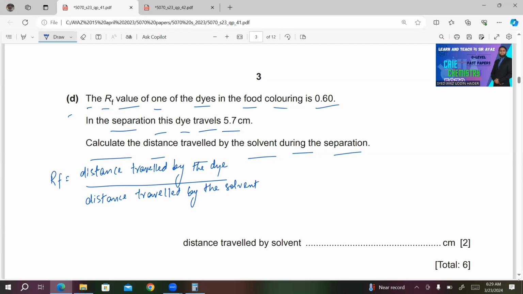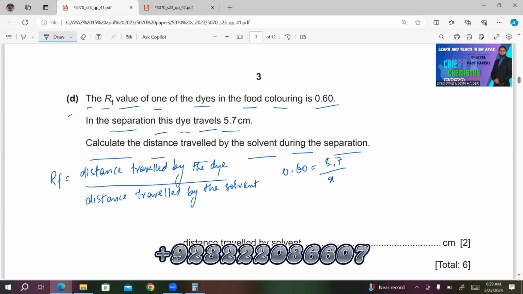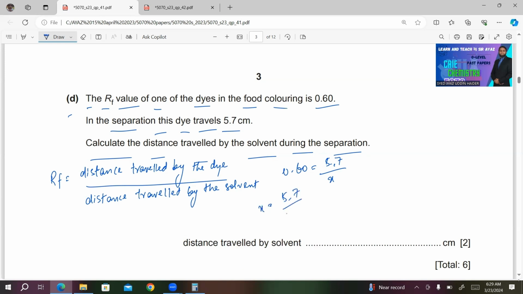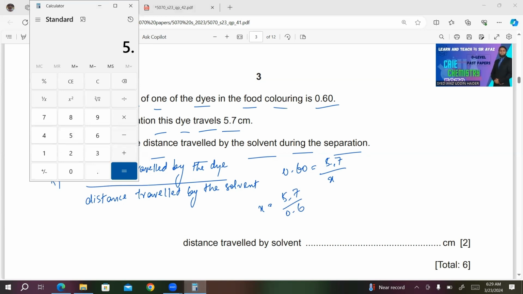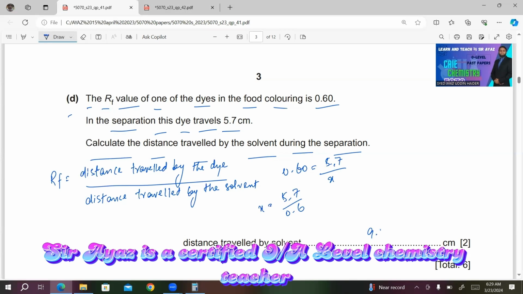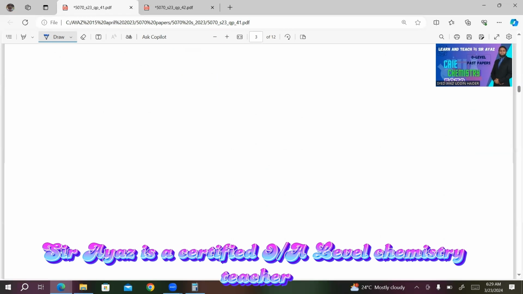Putting the values, RF is 0.6, which is equal to 5.7 over X, and let's consider X as the distance traveled by the solvent. So X is equal to 5.7 divided by 0.6. What will you get? You will get 9.5 centimeter. Moving to next question.